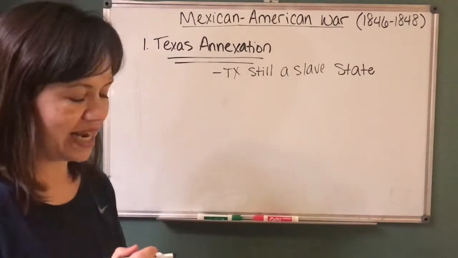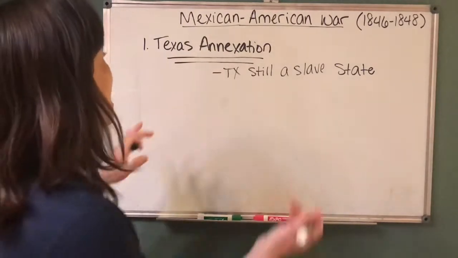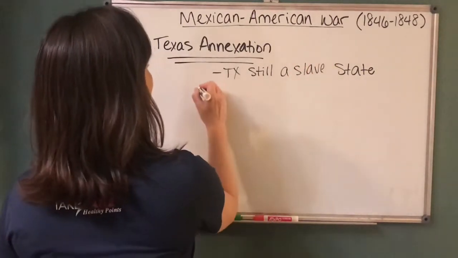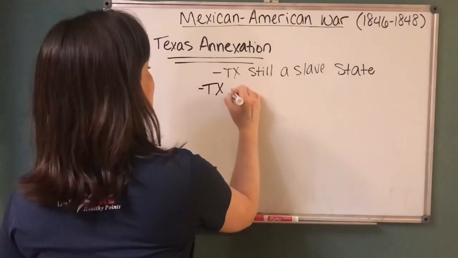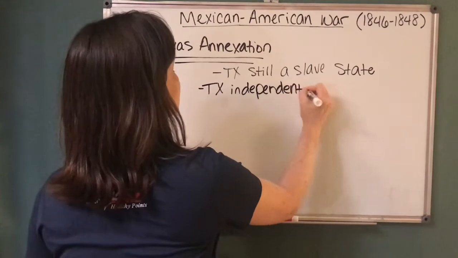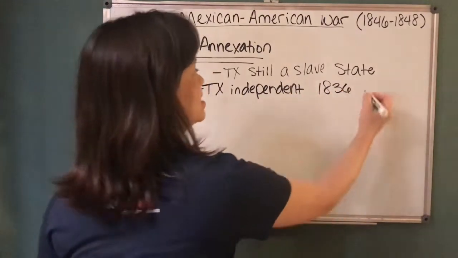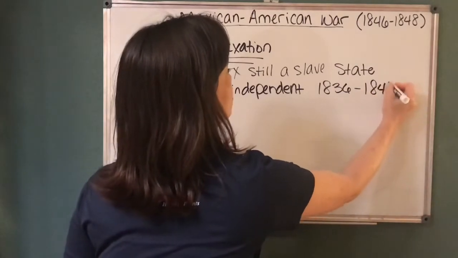And so Texas remained independent for the next 10 years, from 1836, when they won their independence, to 1845.